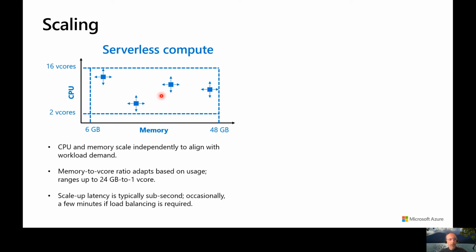Now, in terms of scale-up latency, suppose, for example, that at one moment in time, my database is utilizing 2 cores, and then in the next moment suddenly needs to burst to 16 cores.